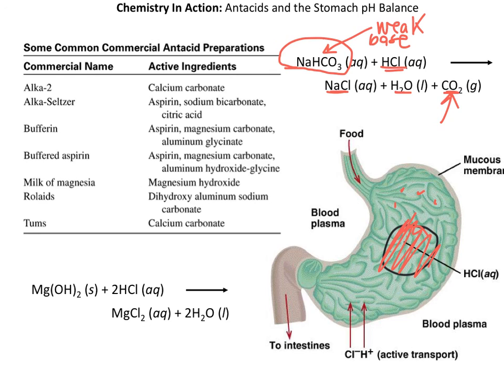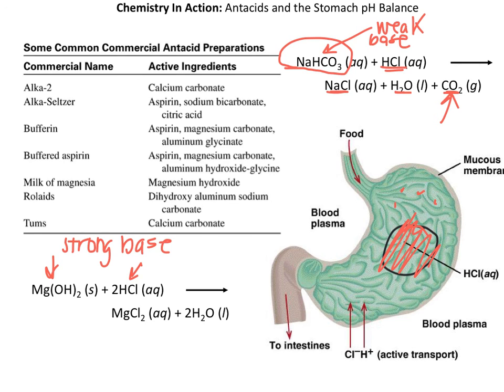Alternatively, you could have used something called milk of magnesia. That's magnesium hydroxide. That too, that's actually a strong base. And that too could be used to neutralize the hydrochloric acid in your stomach.